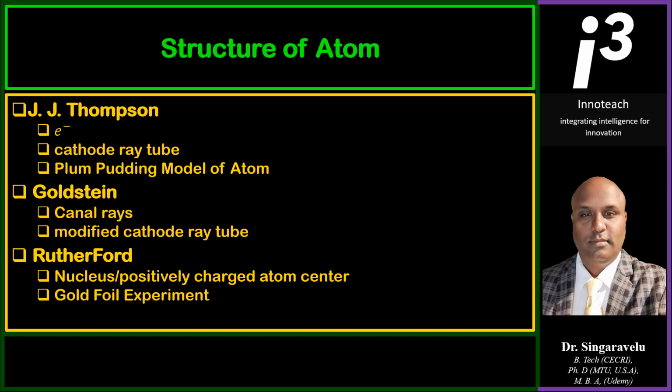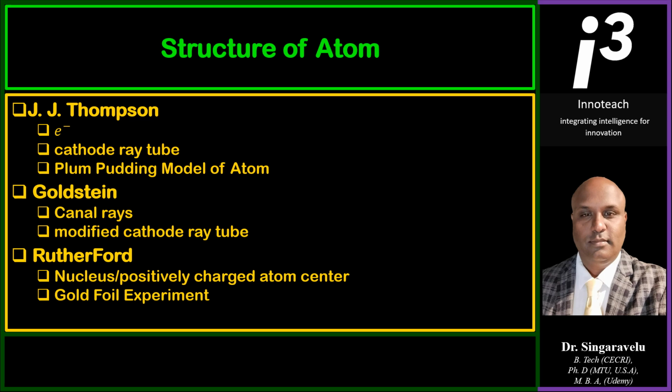And by observing the angle at which it got scattered, he identified that the atom was indeed mostly empty space, and the center was concentrated with the nucleus, and the electrons were orbiting or revolving around the central positively charged nucleus. Why?